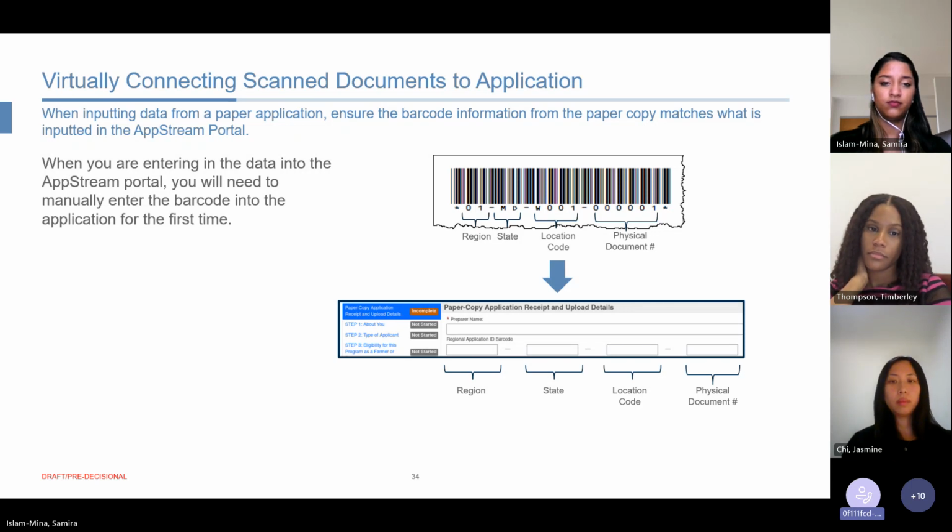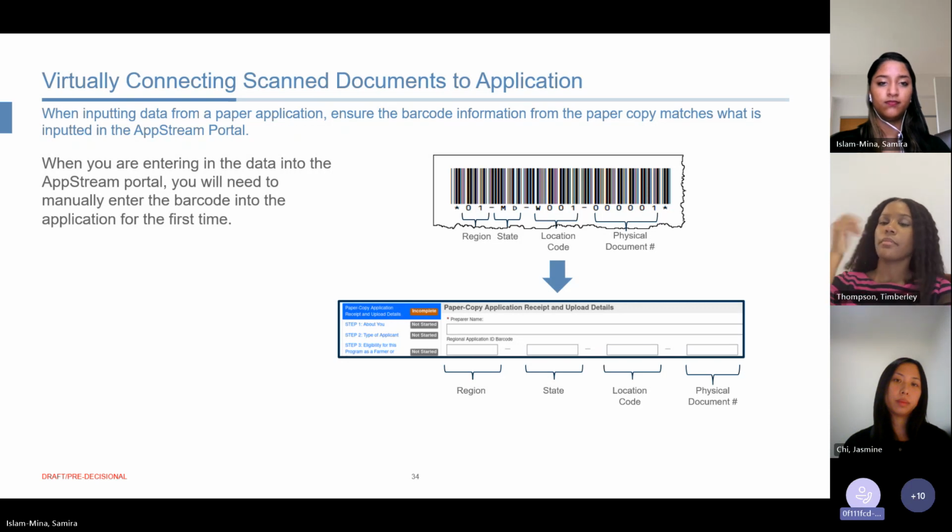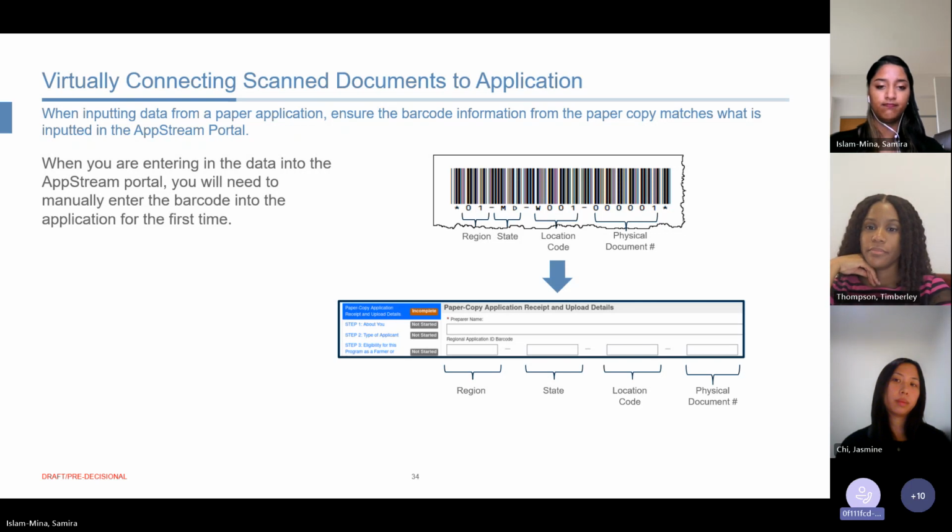The 4 sections of the barcode are indicated here, and then there are going to be 4 boxes in the application on the first page that you enter. That should be pretty straightforward: 2-digit region, 2-letter state, 4 letter or number location code, and then 6-letter or number physical document number. So you'll key this in, and then the barcode will be automatically matched to this application that you're entering.